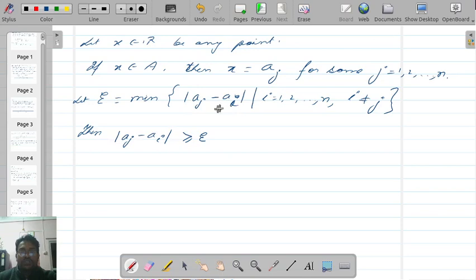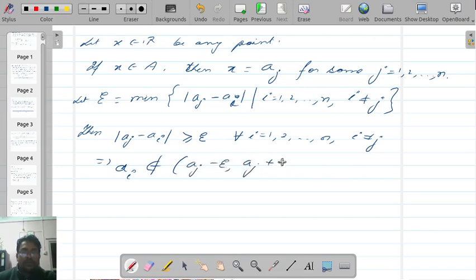So each element of this collection is greater than or equal to epsilon, for all i from 1 to n with i not equal to j. This implies a_i does not belong to the interval a_j minus epsilon to a_j plus epsilon.